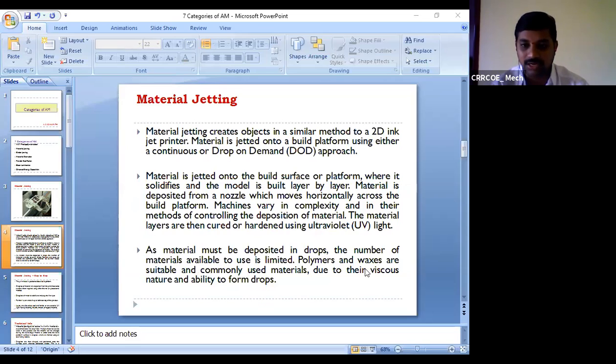Polymers and waxes are suitable and commonly used materials due to their viscous nature and ability to form drops. So this process requires some viscous nature. Viscosity means internal resistance in fluid flow, as you know from lower classes.